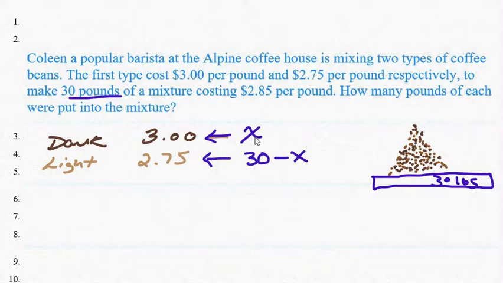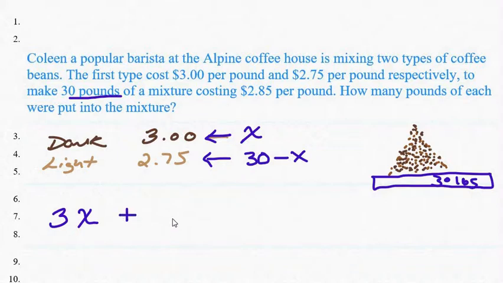Let's go ahead and write up an equation. So we've got $3, and I'm just going to label it as 3x. It's dollars per pound, x is the number of pounds. So what we're going to get here is more or less a cost equation. What's the total cost?